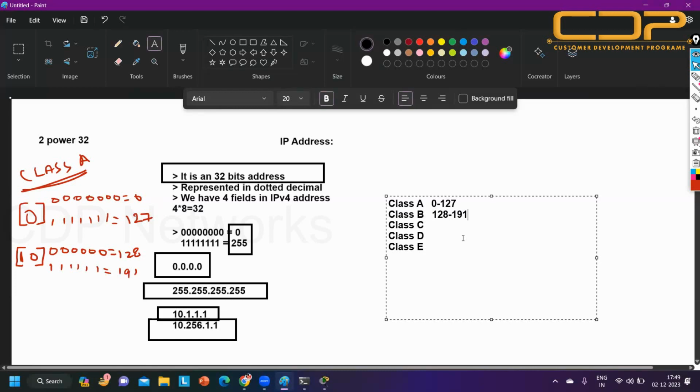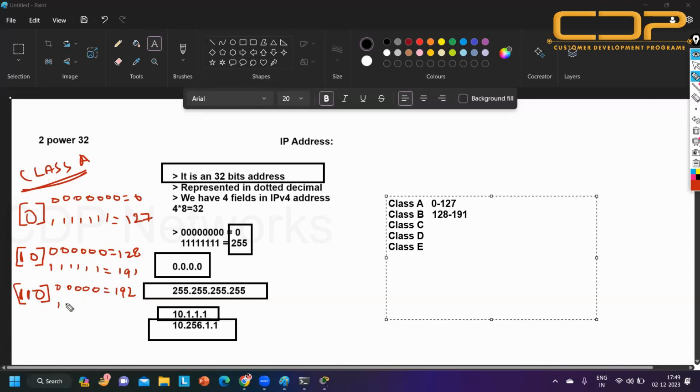Fine. For class C also, what did we do? We reserve 3 bits. The first bit will always be 1, the second bit will also be 1, and the third bit will always be 0. So these 3 bits are reserved for class C. How many bits are left? 5. If all 5 bits are 0, we get the value 192.